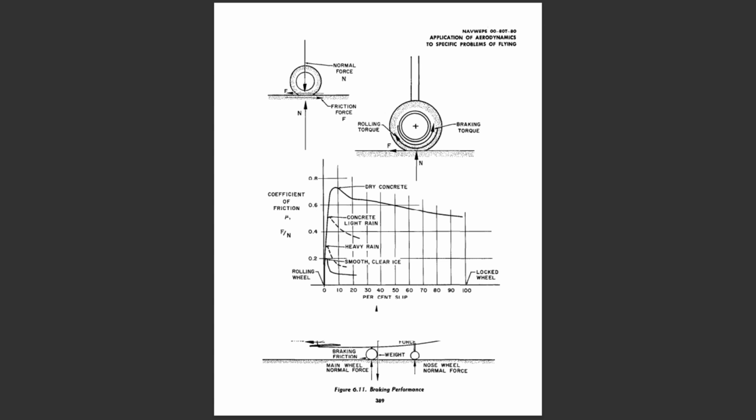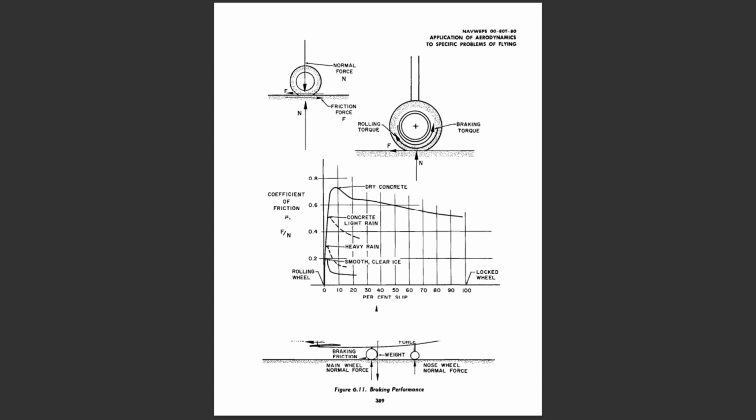Since the airplane lift may be considerable immediately after landing, retraction of flaps or extension of spoilers immediately after touchdown will reduce the wing lift and increase the normal force on the landing gear. With the retraction of flaps, the reduced drag is more than compensated for by the increased braking friction force afforded by the increased normal force on the braking surfaces.